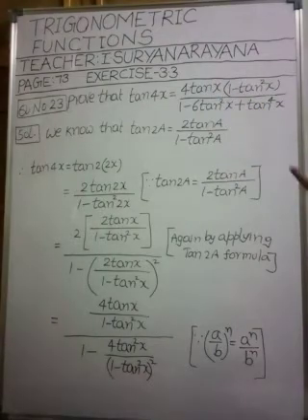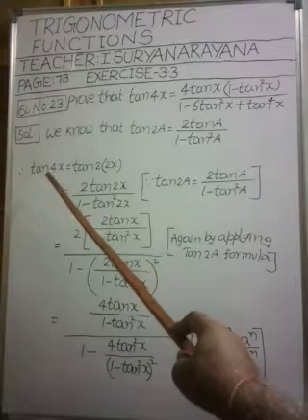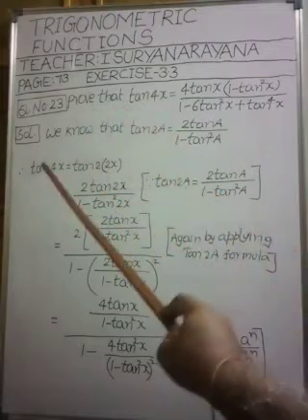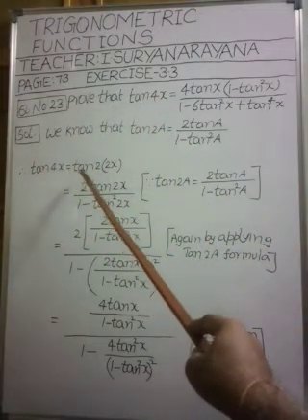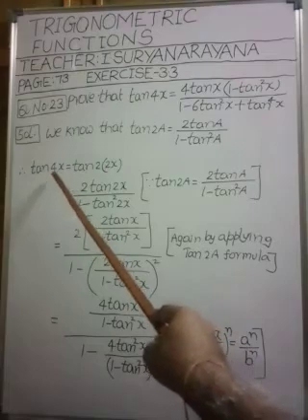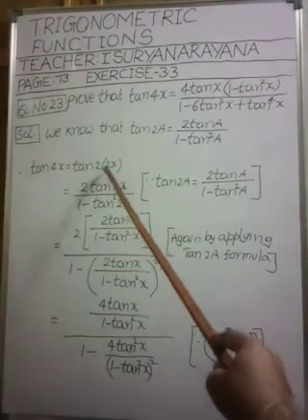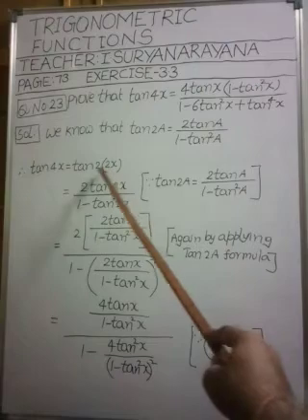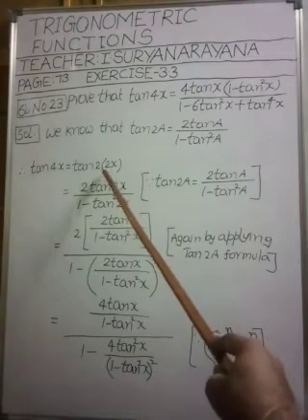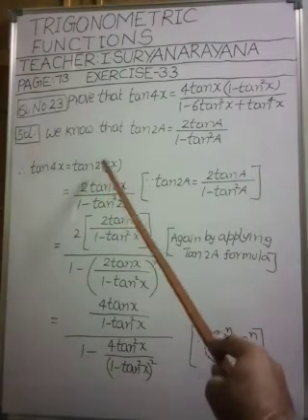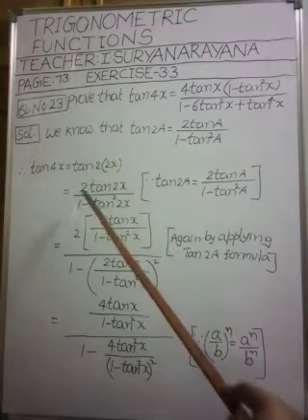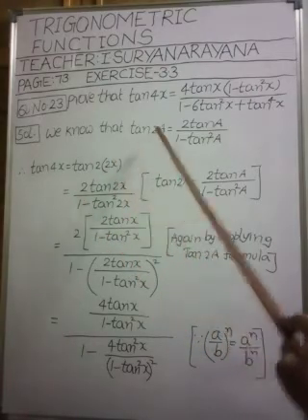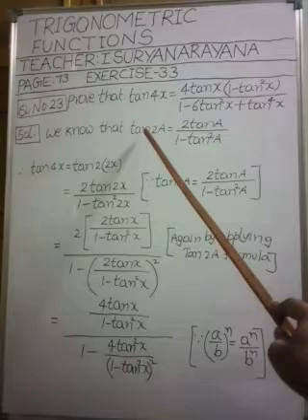Okay, my children? Right. Therefore, tan 4x, we are taking LHS here. Tan 4x is equal to tan, how can you write 4x? 2 of 2x. Is it right or not, my children? Can we write it or not? Right. So, tan 2 of 2x. Okay, my children? That is equal to, now we compare this trigonometric function with this function.